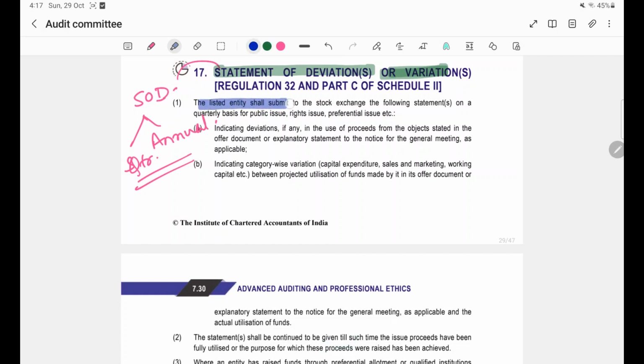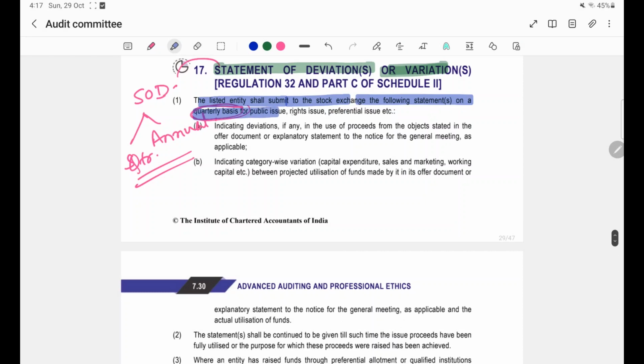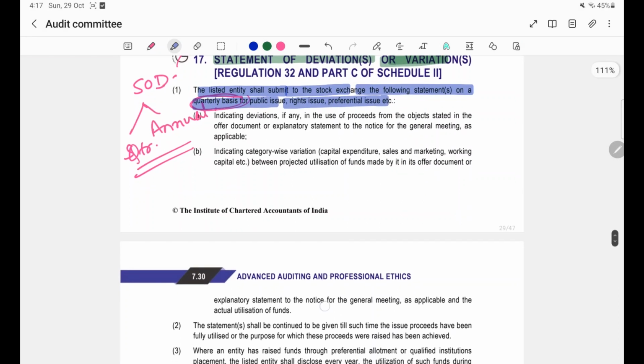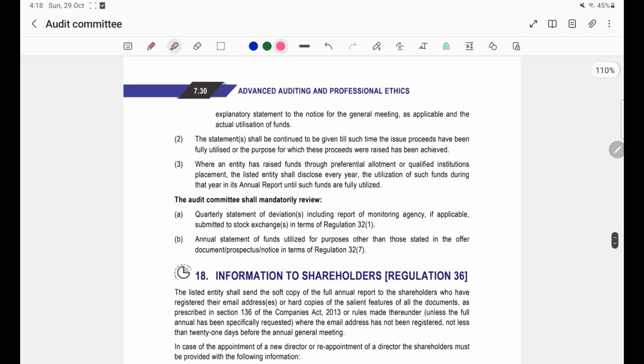The listed entity shall submit to the stock exchange the following statement on a quarterly basis for public issue, right issue, preferential issue, that is indicating deviations, if any, in the use of proceeds from the object stated in offer document or explanatory statement, and indicating category wise variation between projected utilization of funds. The statement shall be continued to be given till such time when the issue proceeds have been fully utilized or the purpose have been achieved.